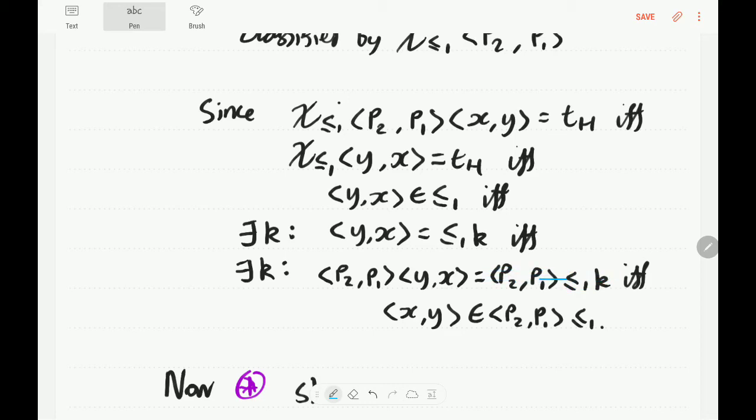We can do that because this (P2, P1) thing is just an isomorphism. And then we have that this is true if and only if (y, x) is in (P2, P1) after less than or equal to.